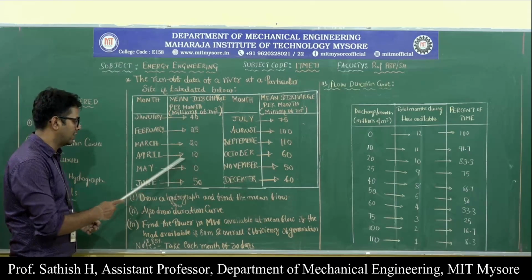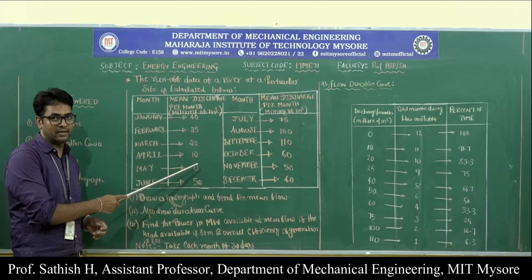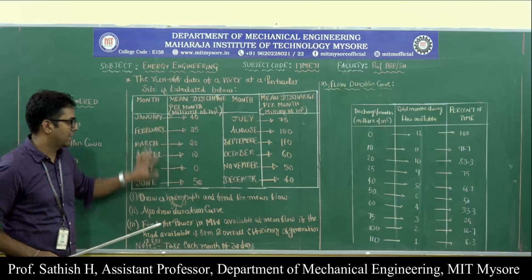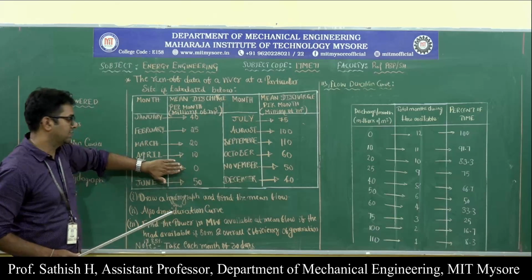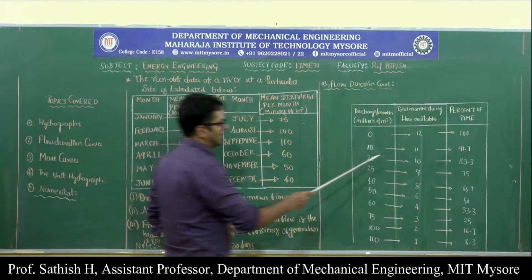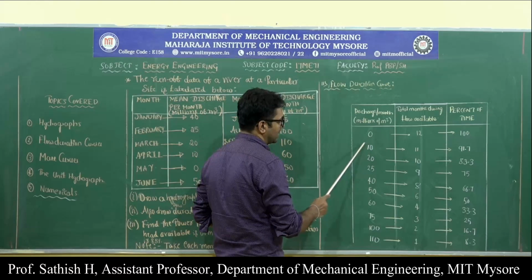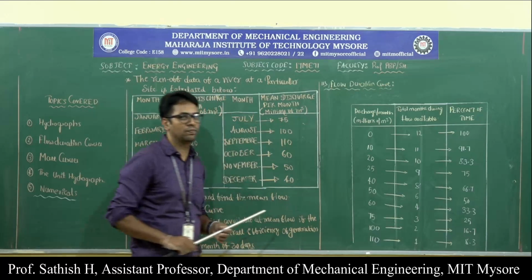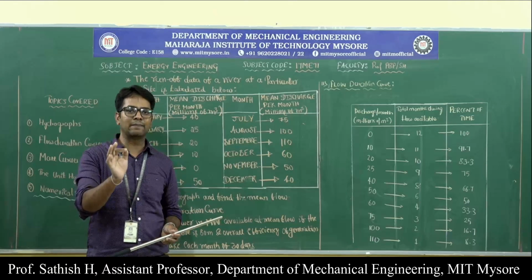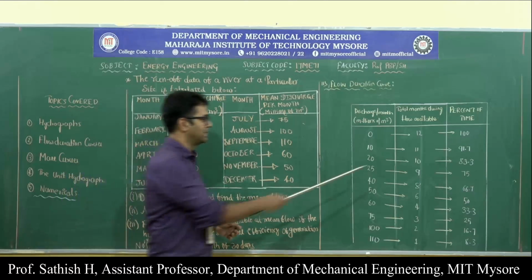So here May doesn't have a minimum of 10 millions of meter cube per month. That means out of 12 months, except May, 12 minus 1 gives 11 months. That means a discharge of 10 millions of meter cube per month is available during 11 months, except 1 month.